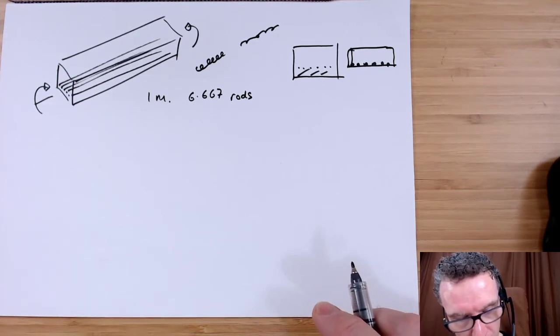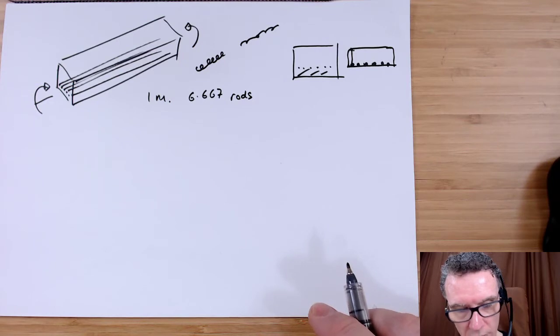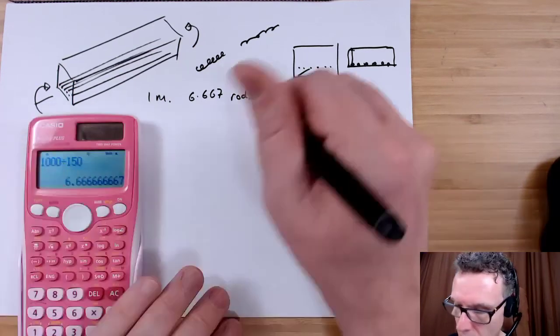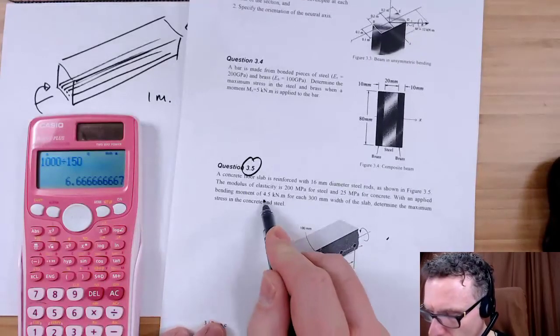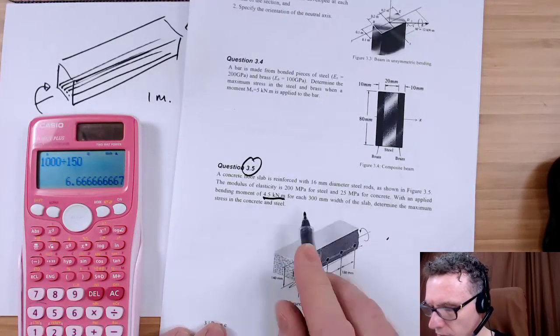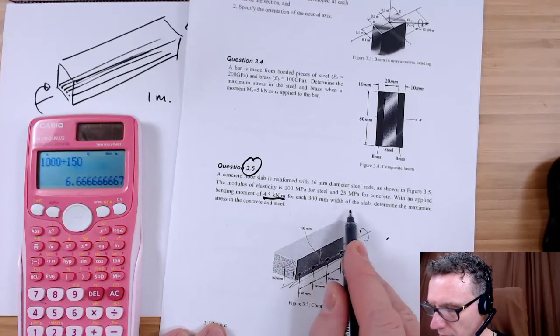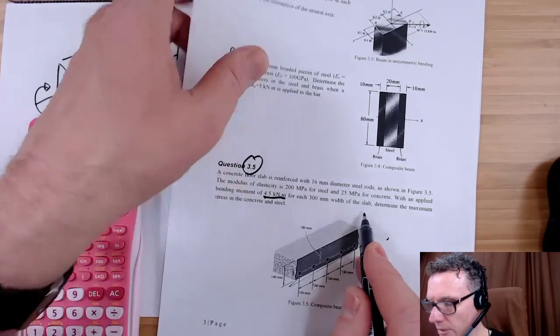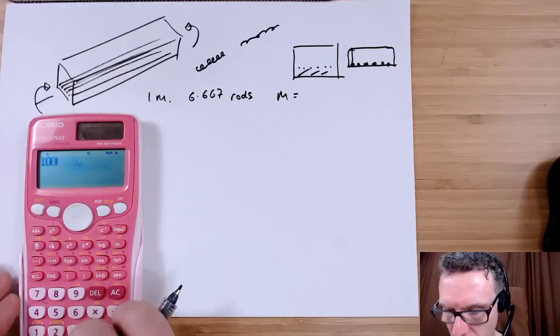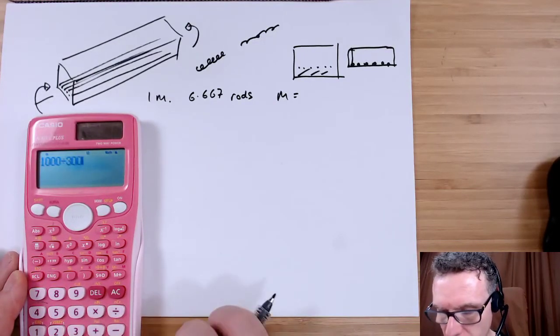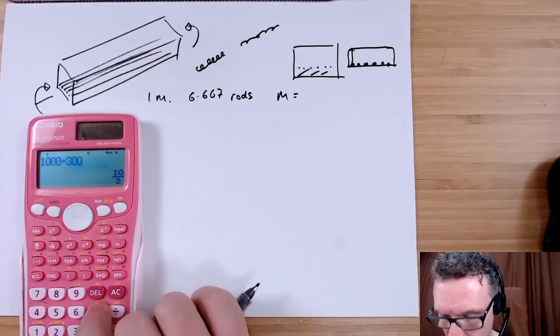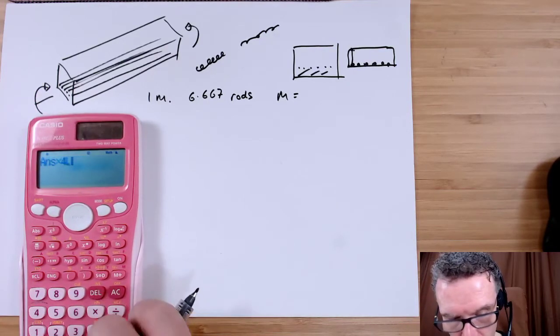And we've got a bending moment of 4.5 kilonewtons for each 300 millimeters width of slab. So I've done 1000 millimeters, divide that by 300, multiply that by 4.5.